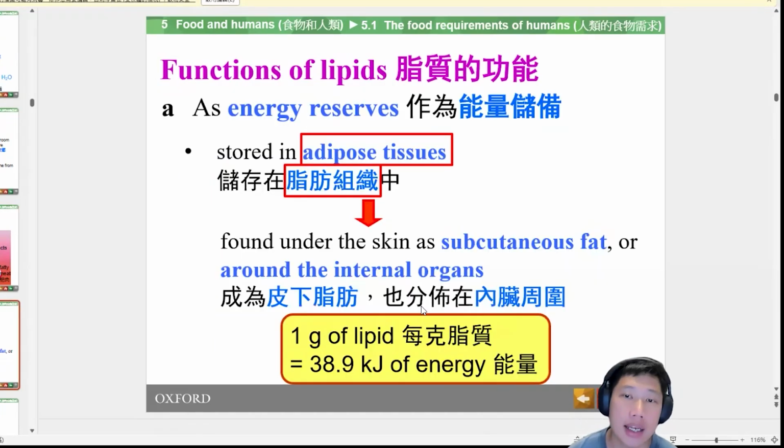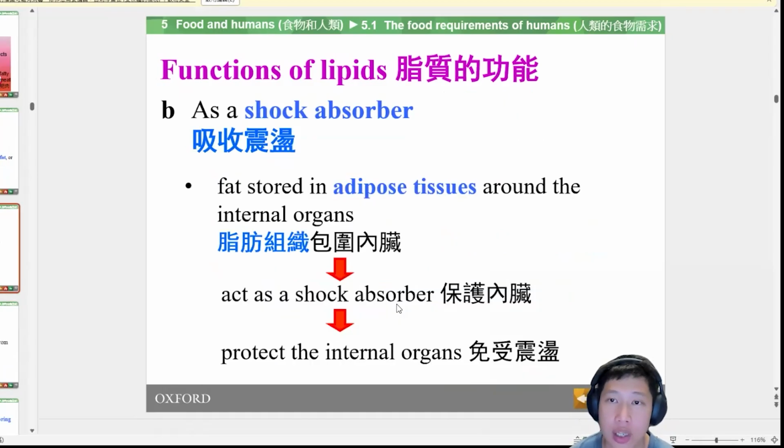You may ask, what are the functions of lipid? Here are some of the functions. I won't go through them with you; you can have a look at it.